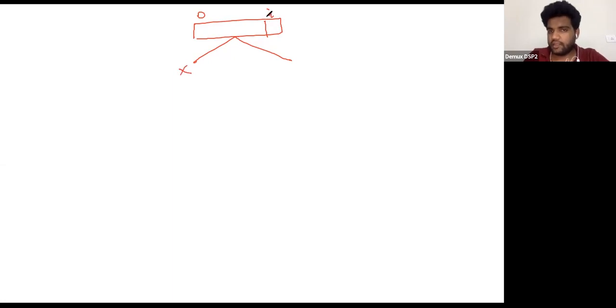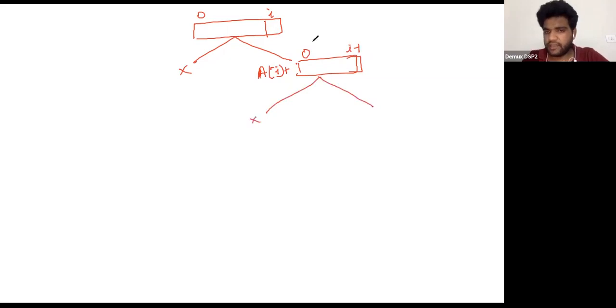If we do a subarray of length more than 1, then it is basically AI plus, what is the subproblem that we are left with? We are left with 0 to I minus 1. Now again, you can do two things. If you include only I minus 1, you are not left with any subproblem. If you do more than 1, then you are left with 0 to I minus 2, and so on. So this is the recurrence tree for solving I.